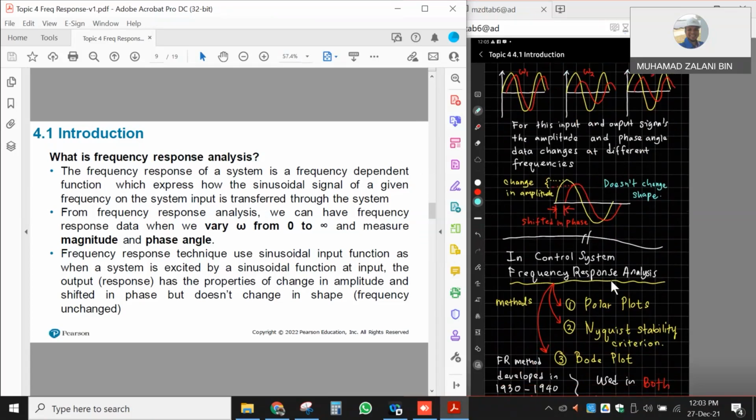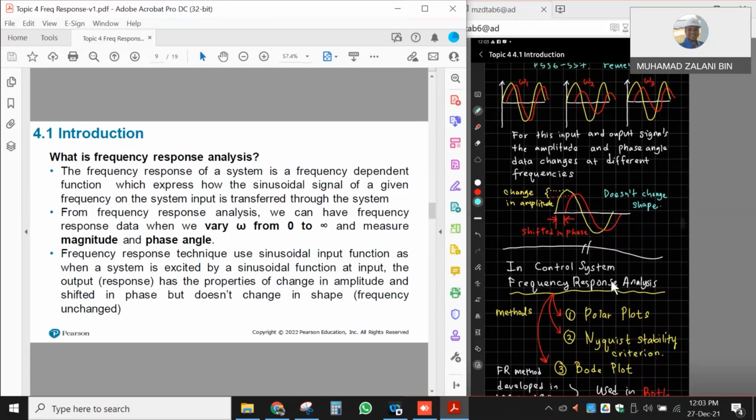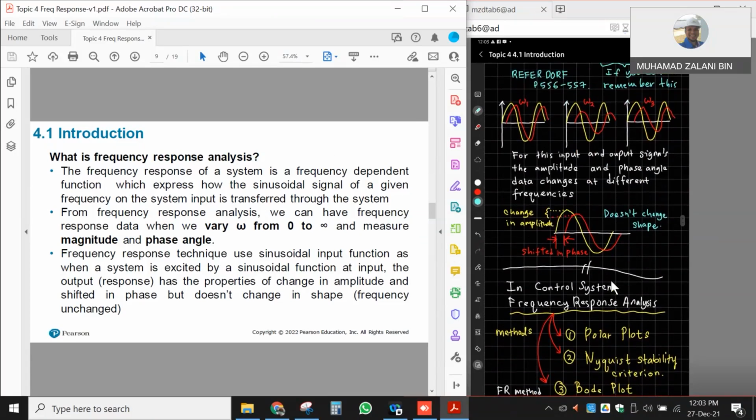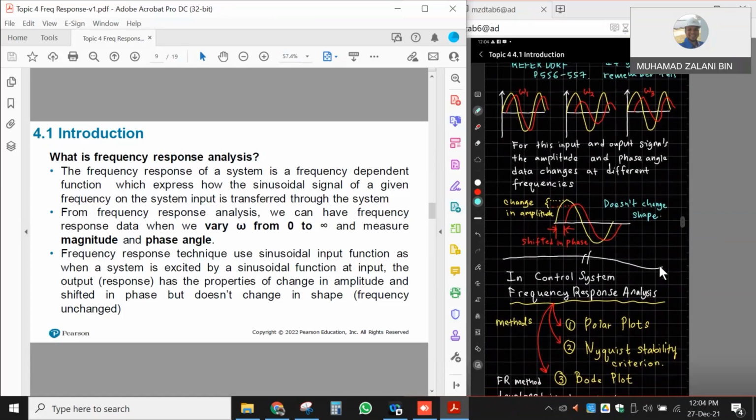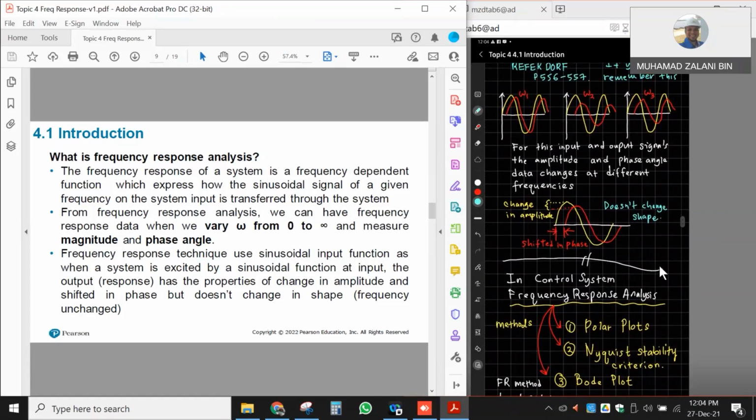We use the boat plot to observe the curve or the behavior of the system in terms of magnitude and phase angle when we vary the frequency from 0 to infinity. At different frequencies, the response is different in terms of phase angle and magnitude.